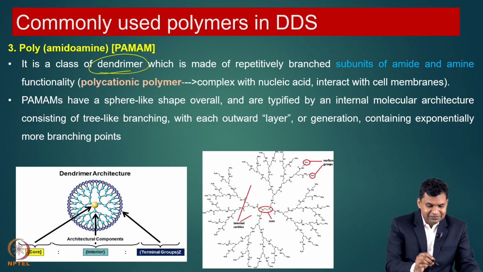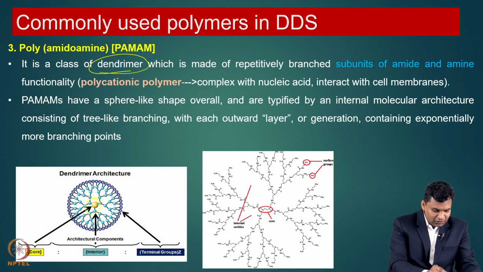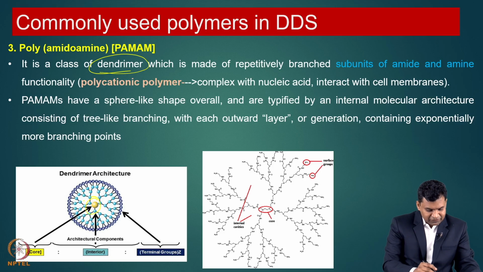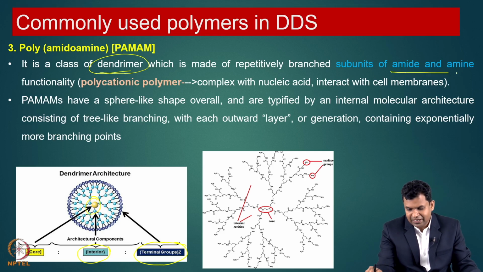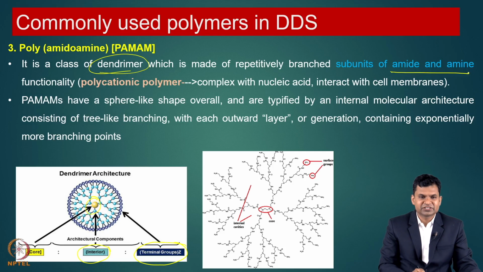In the 3D network, there is an internal core, after that you will see the interior architecture, and further you will see the terminal groups, which are the repetitive branch subunits of the amide and amine functionality.